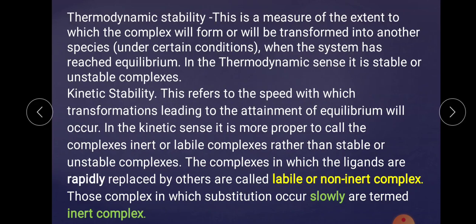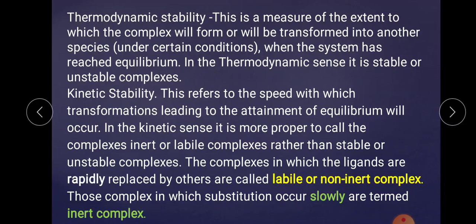Thermodynamic stability is a measure of the extent to which the complex will form or will be transformed into another species under certain conditions, when the system has reached equilibrium. When we are concerned with this type of stability, we deal with metal ligand bond energies, stability constants, etc.